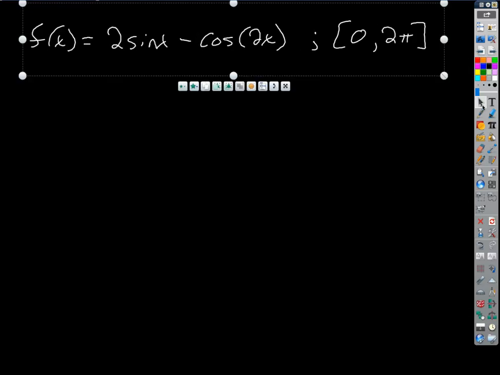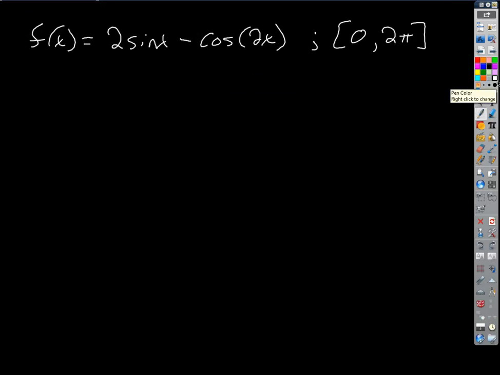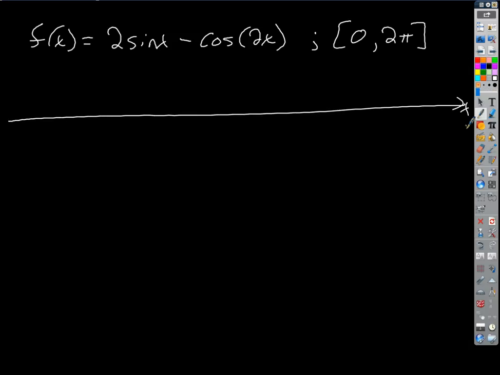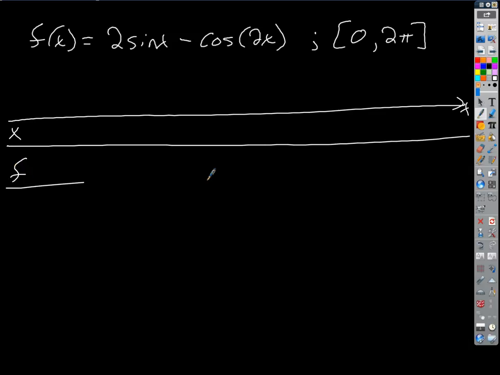All right, so if we make our table, endpoints are at 0 to 2 pi.